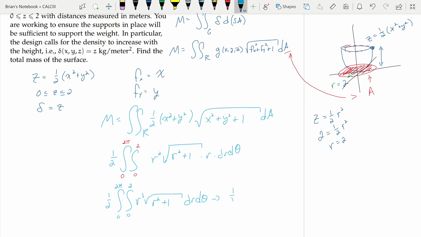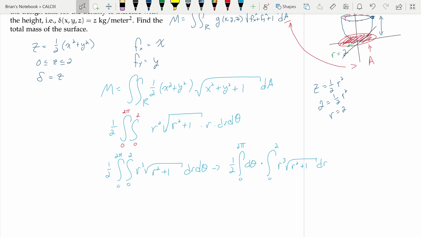So it'd be 1/2, 0 to 2 pi d theta, times 0 to 2 of r cubed times the square root of r squared plus 1 dr. Okay, so now we have that. All right, cool. Now we just need to solve it. This guy on the left just becomes 1/2 times 2 pi, which is just pi.